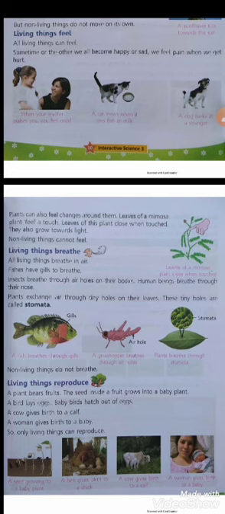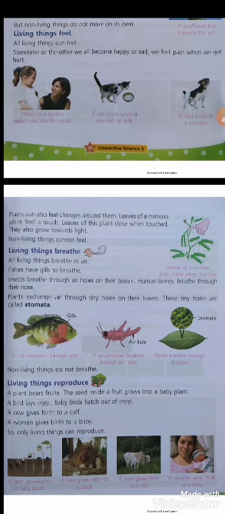Sometimes we all become happy or sad. We feel pain when we get hurt. Plants can also feel changes around them. Leaves of a mimosa plant feel a touch. Leaves of this plant close when touched. They also grow towards light.